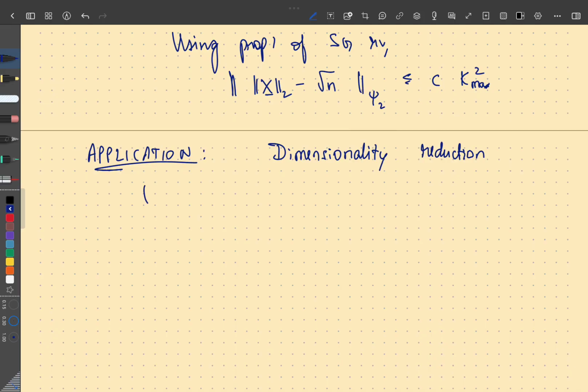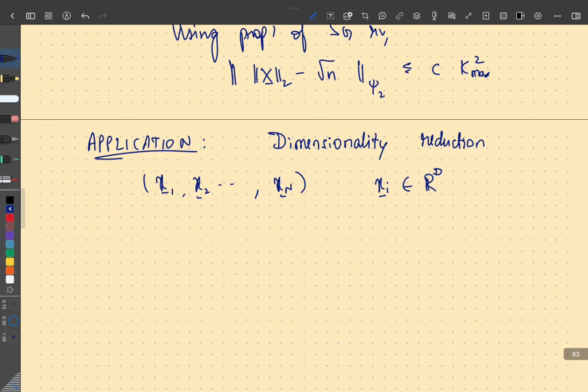We are given a collection of points in very high dimensional space. Let me call them x1, x2 up to xn. So each xi is an arbitrary vector in capital D dimensional space, where D can be arbitrarily large.